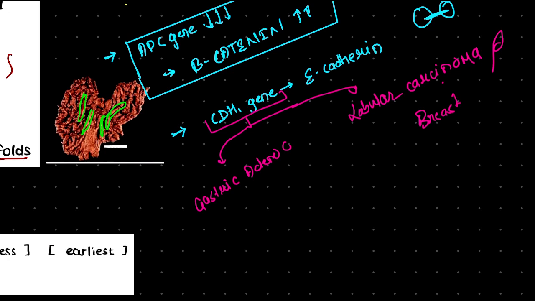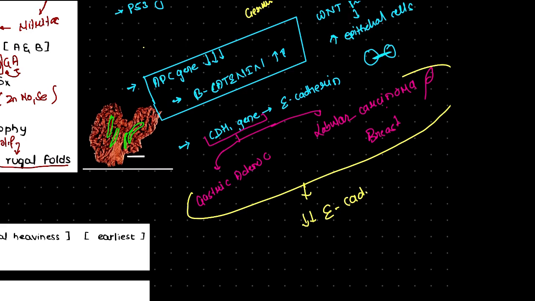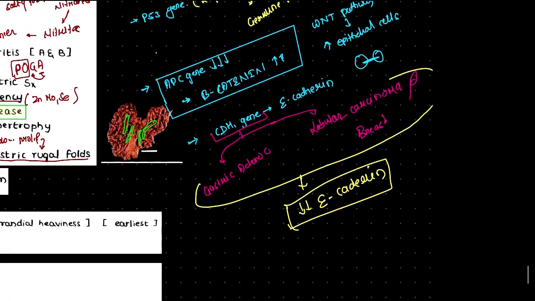So these are two important tumors that can result from mutation in the CDH1 gene, and in both conditions we will find loss of activity of E-cadherin. Why is this happening? This is happening because of mutation in the CDH1 gene. So this is important about the CDH1 gene.